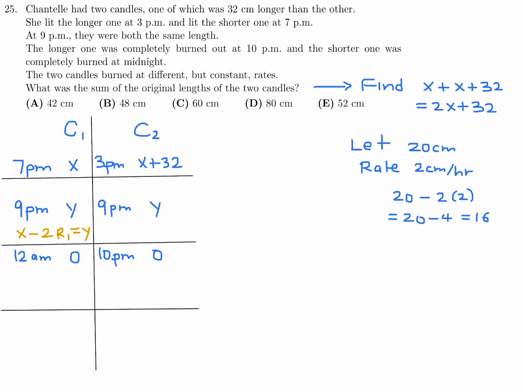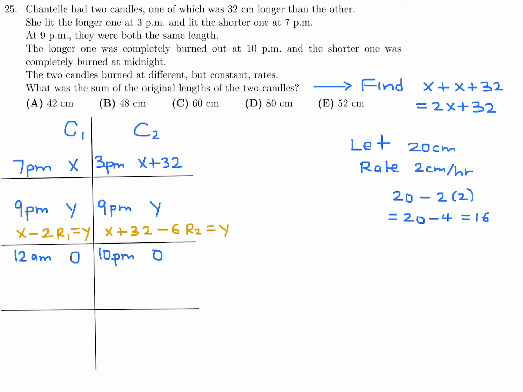And then similarly for C2, that is 6 hours, 3 p.m. to 9 p.m. It'll be x plus 32 minus 6 times R2, where R2 is the rate that candle 2 burns at. And then for this one, 0, that is 7 to 12, which is 5 hours.